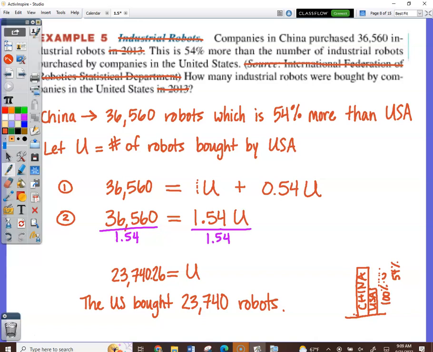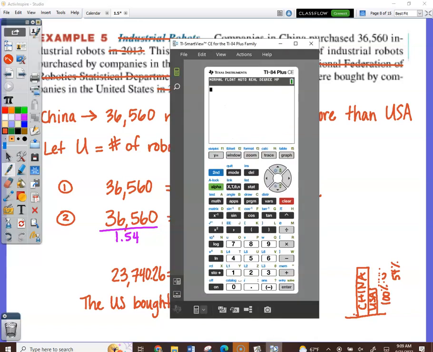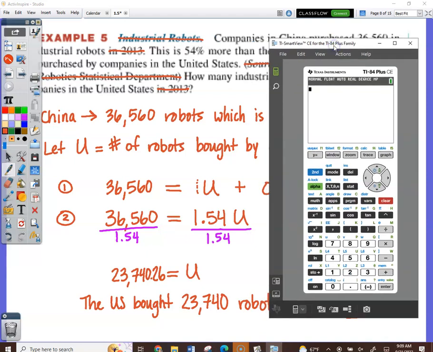You can decide which step you want to start at. The bar chart hopefully helps you see the visual. You can even go back and plug it in. If I plug in 1.54 times 23,740, I get 36,560, the right answer, which is how you check it.